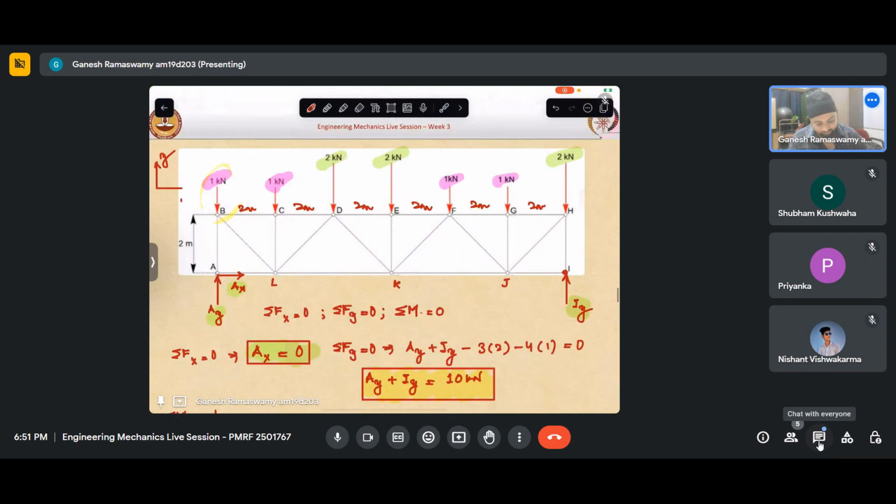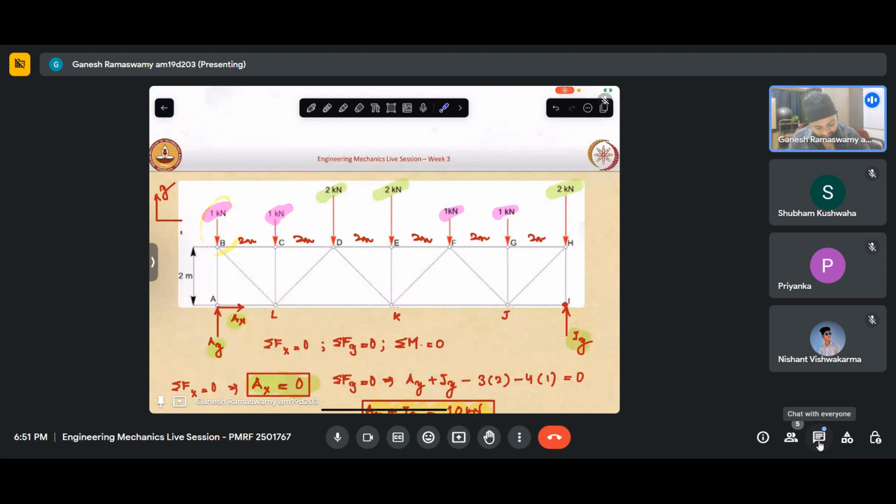2 kilonewton force, we can see that it is applied here and here and here. So for this force, the lever arm will be this much, which is 8. For this force, the lever arm will be 6. And for this force, it is applied at that very point.